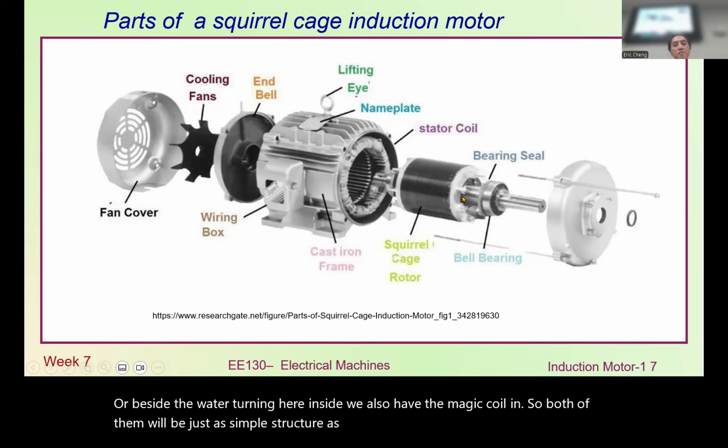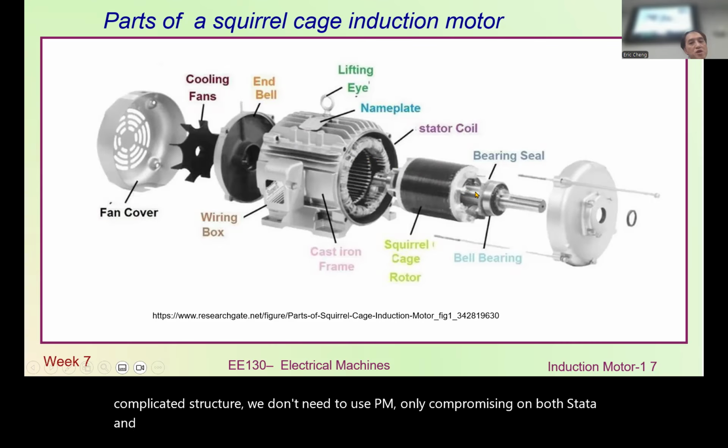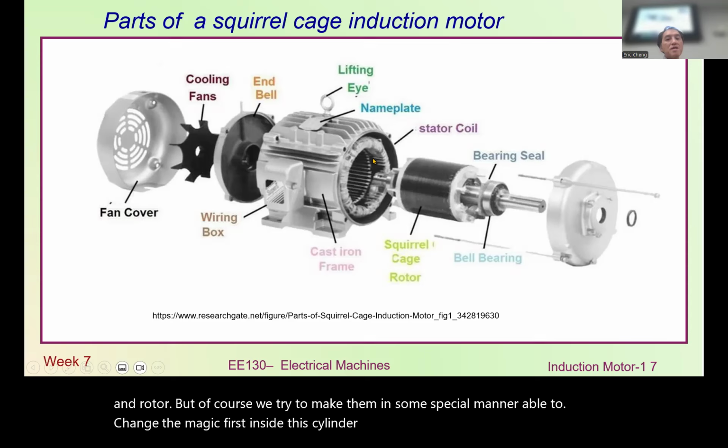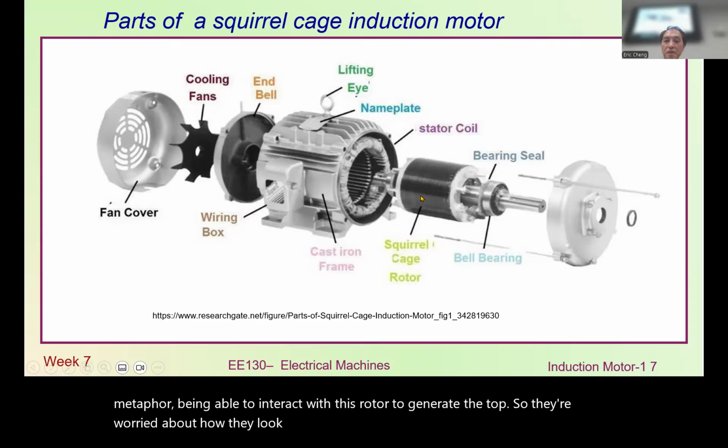So you can see that we don't have any complicated structure. We don't need to use PM, only copper winding on both stator and rotor. But of course, we try to make them in some special manner, able to generate magnetic flux inside this cylinder, and that's the so-called rotating magnetic flux, being able to interact with this rotor to generate the torque. So that's roughly about how they look like.